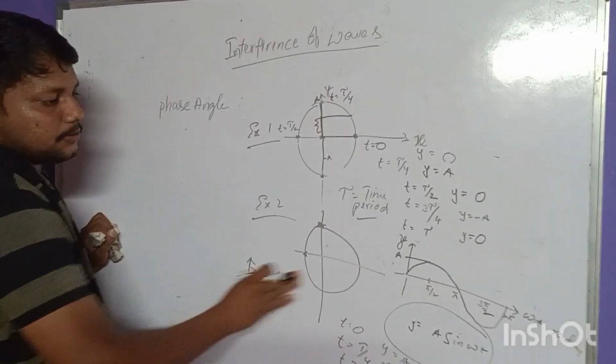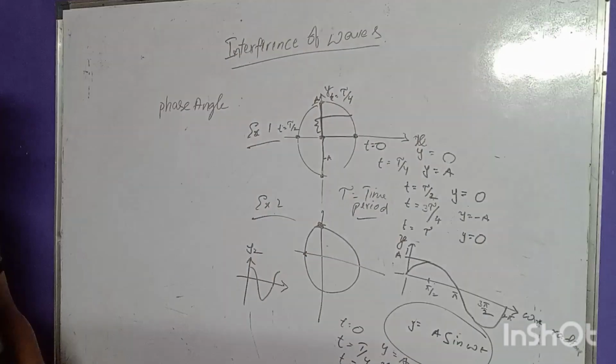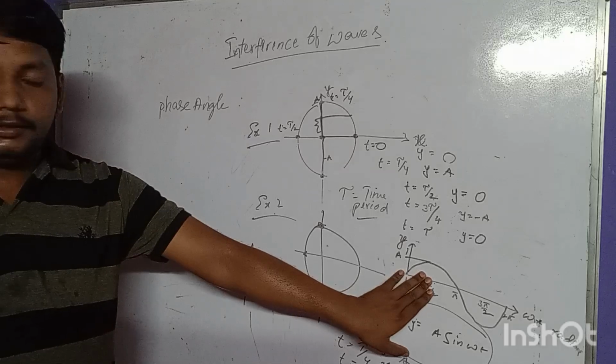What is the difference between this graph and this graph?